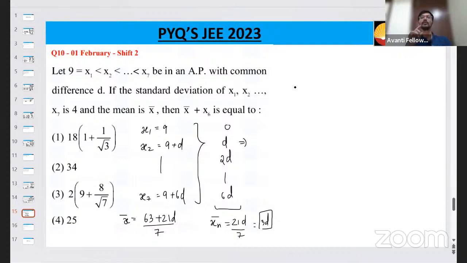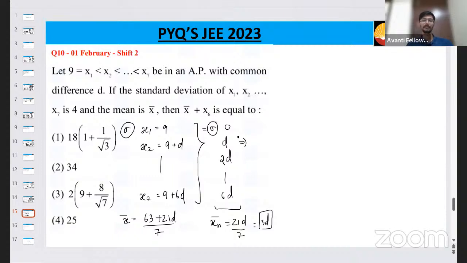Now, as we all know, in standard deviation or variance, there is no change by adding or subtracting a number. That means standard deviation of this will be equal to standard deviation of this.